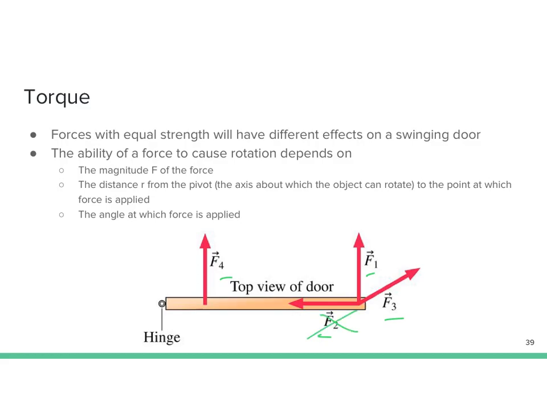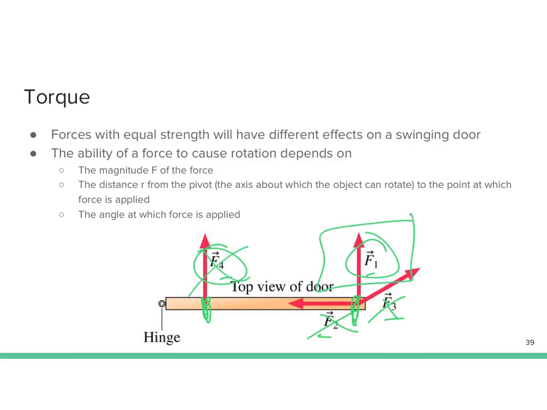First off, F2 isn't going to do anything for you. F3, it's not even going in the right direction, right? It is going to cause a little bit of rotation around the hinge, but what I'm really left with is F1 and F4. And if these two are identical forces, try pushing on a door right here, that close to the hinge versus right here, and this is going to be your best force.